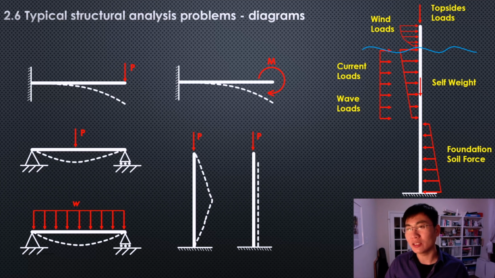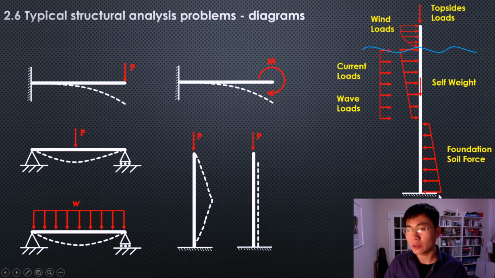This is actually the simplest way to simplify an offshore platform. So an offshore platform on the top sides will have topside loads going downwards. Why do we have a fixed boundary condition at the bottom? Because the piles and legs go deep into the mud.